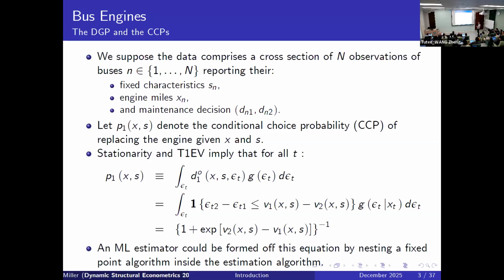Now, in the logit case, we have a nice way of getting at that. And that comes all the way from Dan McFadden and the static random utility models. Think of this as just the current utility for taking action 1 and current utility for taking action 2, no more future.